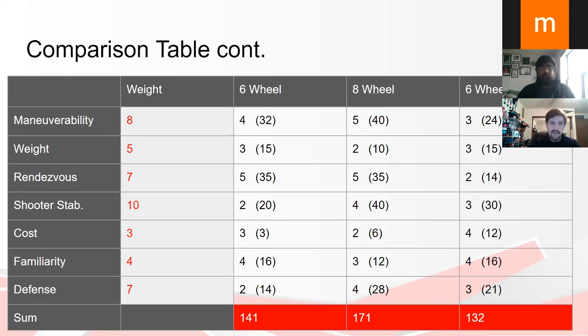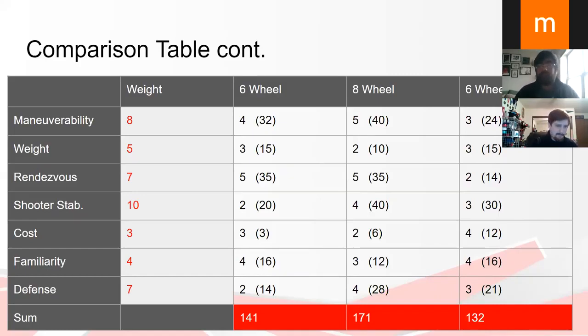We knew we wanted to do a tank drive, so that was already decided. But at that point, we were trying to figure out how many wheels, and whether we were going to do a drop center or not. So we went through the same type of table ourselves to figure out what type of drivetrain would be best for us, and we decided an 8-wheel with a drop center was going to be the best design for us for that year.